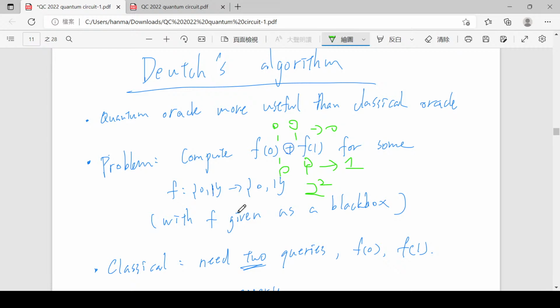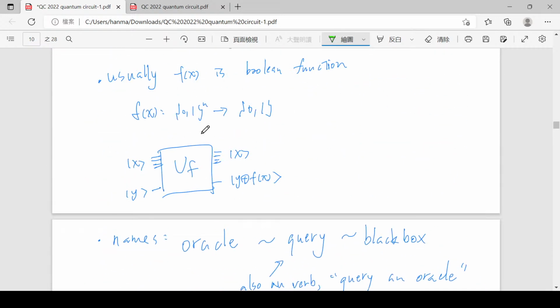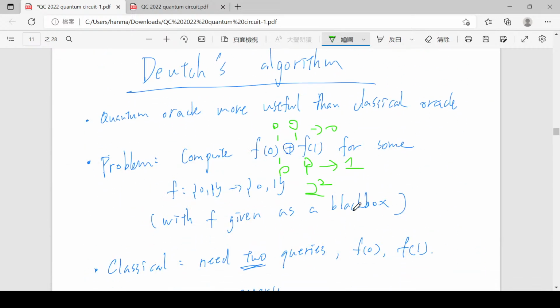And here f is given like a sub-function, sub-algorithm, or more theoretically it's given as a black box. So we cannot look up the inner working of f. We can just put f as a box somewhere inside the algorithm, and we want to see how many of these boxes we need to put in our algorithm to determine this value, f of 0 ⊕ f of 1.